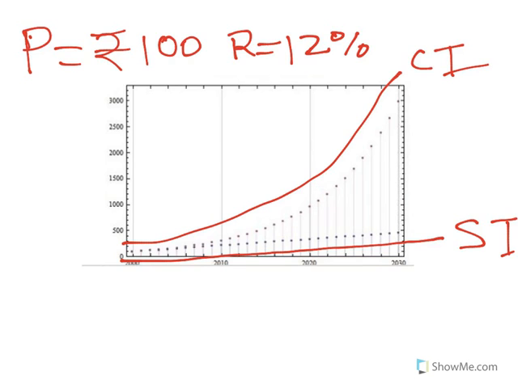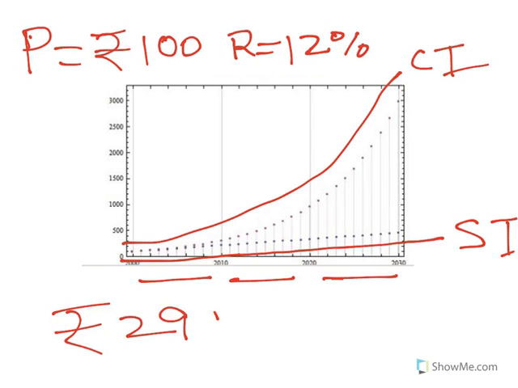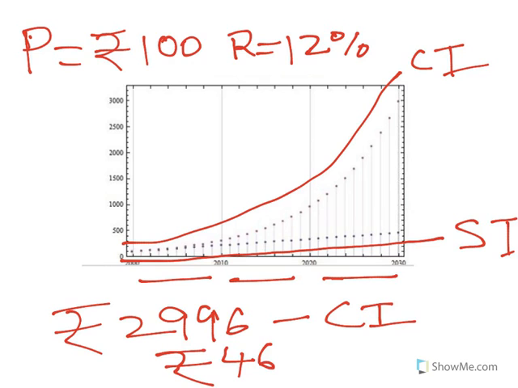What you'd be really interested to know is that at this rate, after 30 years, so suppose you made this investment in 2000, after, this is 10, this is 10, this is 10, so after 30 years, you'd have almost 2996 rupees from CI, the compound interest, but only 460 rupees if you invested it at simple interest.